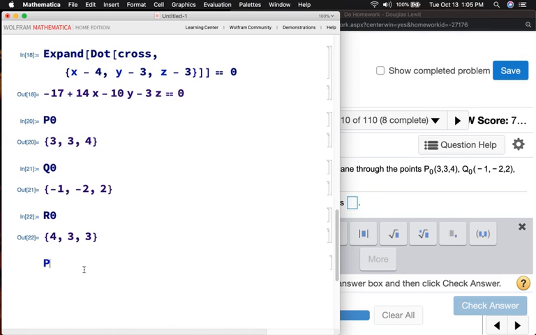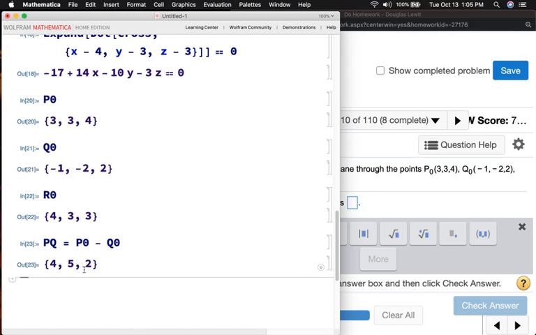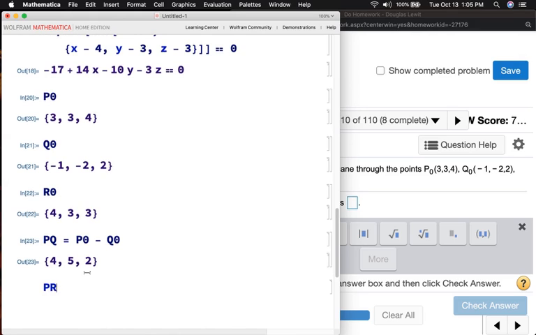So PQ is going to be P0 minus Q0. And then PR, well, actually, technically this would be Q0 minus P0.